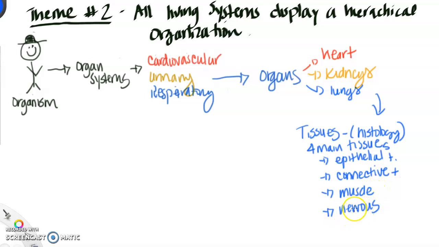Okay, so tissues are not the simplest form. What are tissues made up of? Tissues are made up of cells. So cells are the smallest independently functioning unit of a living organism.